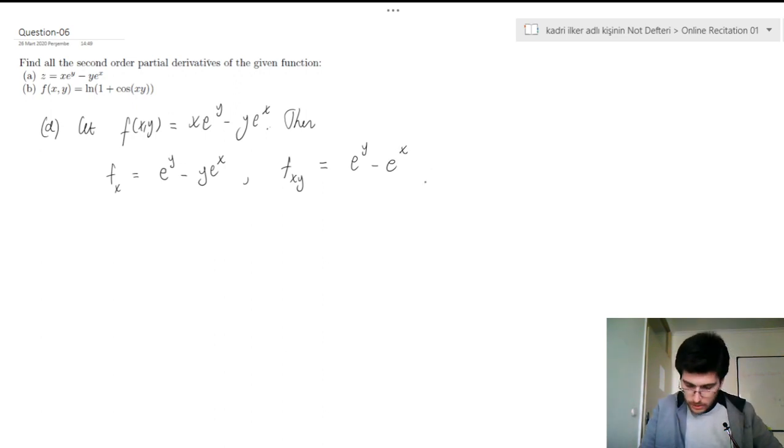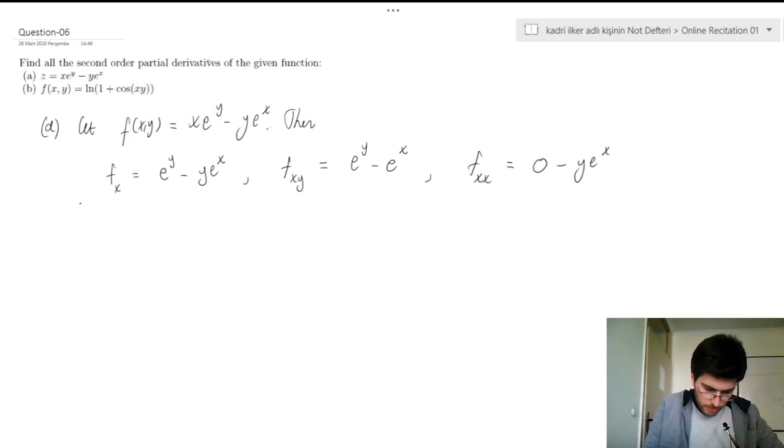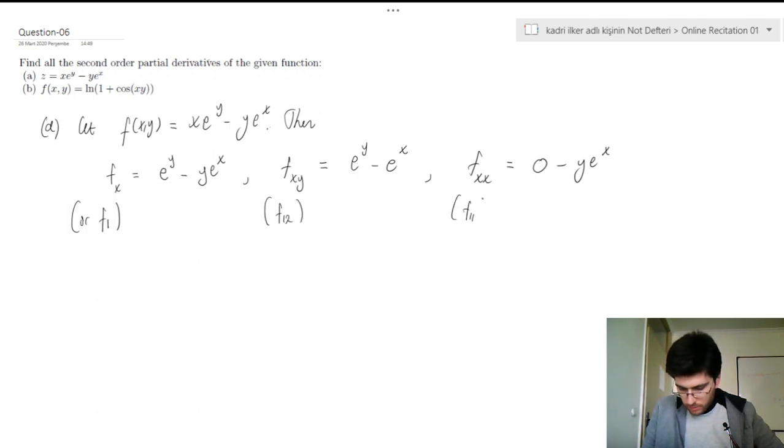Then you can compute this one, because we try to compute all possibilities, all second order partial derivatives. Now since this thing is constant, it turns out to be 0. So let me write it like this, minus y e to the x. Sometimes we use the notation f1 as we did before, f12, f11. It's the same notation.